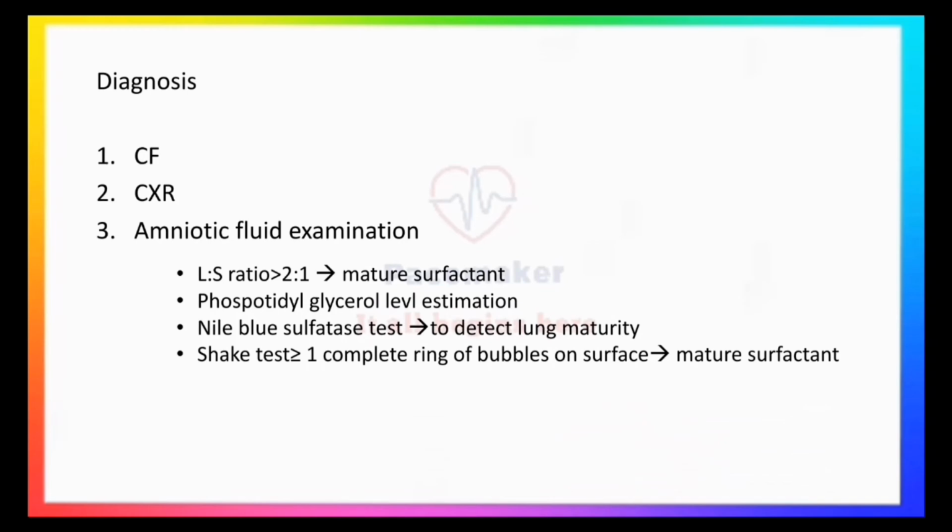If it is more than 2:1, it tells us that it is mature surfactant. Then you can estimate the phosphatidylglycerol level, or you can do the Nile blue sulfate test, which detects lung maturity, and you can do the shake test. If you find one or more complete rings of bubbles on the surface, then it tells us that it is mature surfactant.